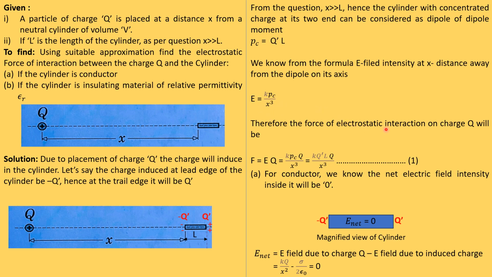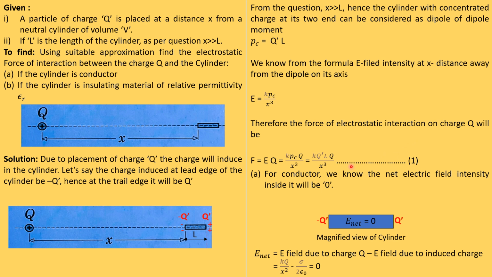Therefore, the force of electrostatic interaction on charge Q will be Q multiplied by this E. So this is your equation number 1.